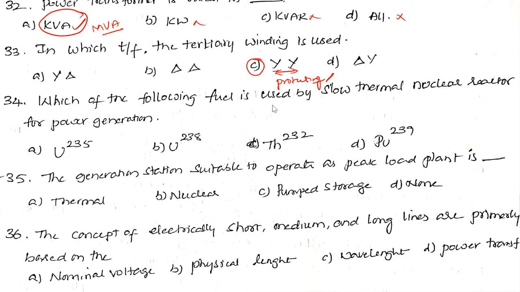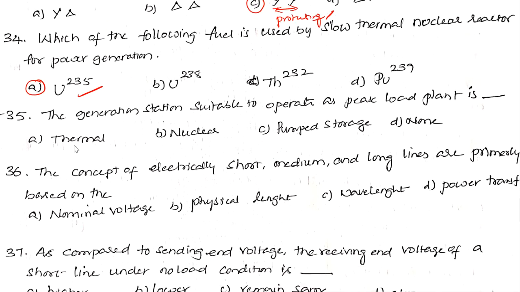Which of the following fuels is used by a slow thermal nuclear reactor for power generation? The correct option here is uranium 235. Next one, the generating stations suitable to operate as peak load plants are pumped storage plants. Why?